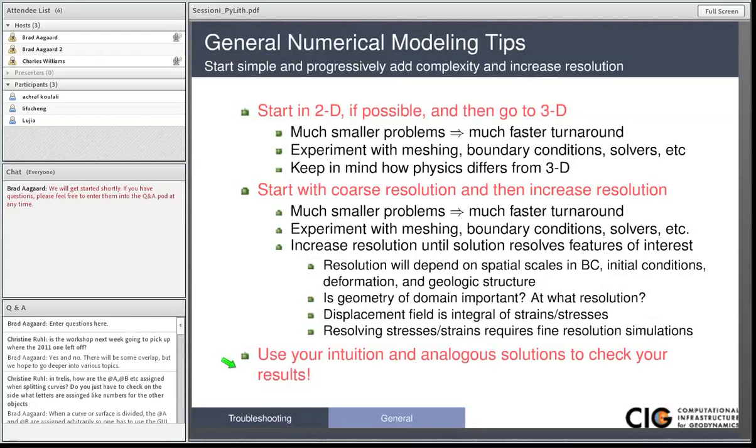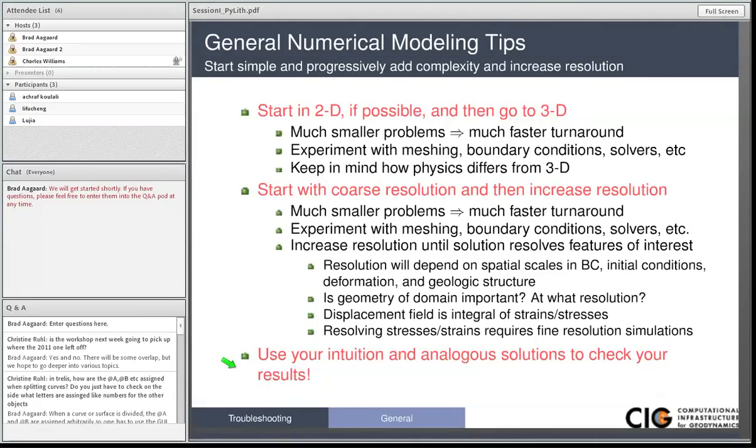So let's end this presentation with some general numerical modeling tips. These work well not just for PyLith, but almost any modern computational code. Generally, we advise people to start in 2D if possible and then go to 3D.